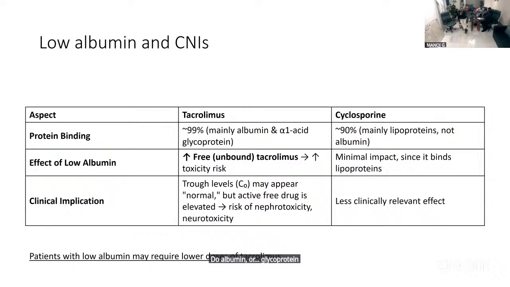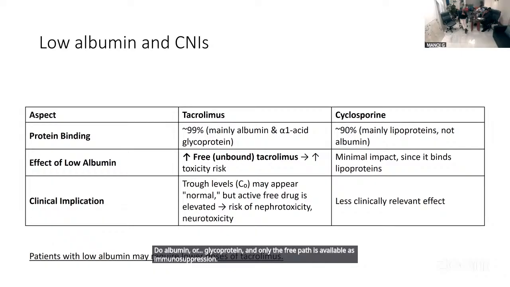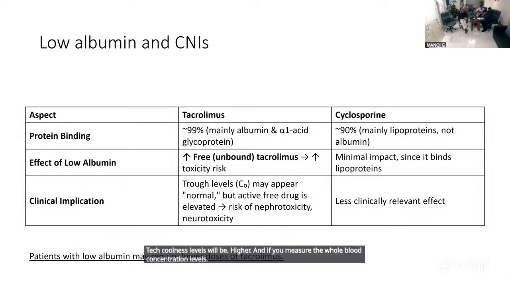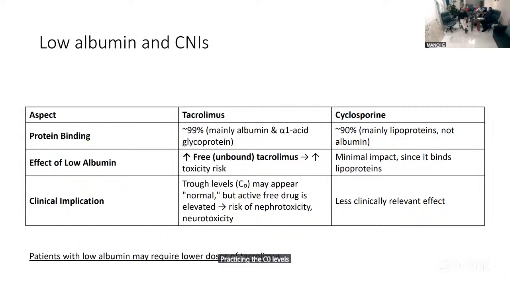Now again, we are very familiar with this, that tacrolimus is bound to albumin or glycoprotein, and only the free part is available for the immunosuppression effect. Now, when there is low albumin, obviously the free unbound tacrolimus levels will be high. And if you measure the whole blood concentration, practically the C0 levels will be similar.